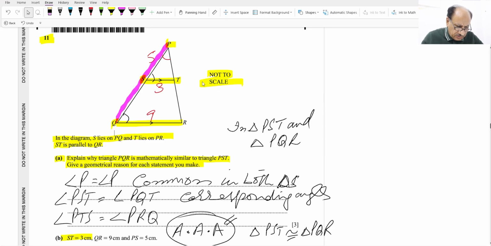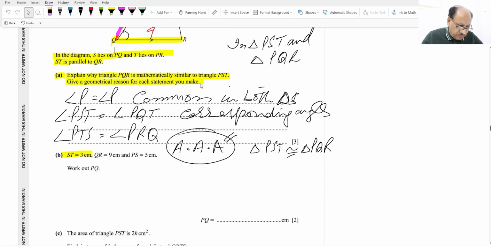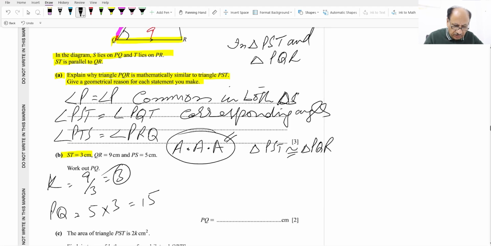So we can use similarity. 9 over 3 will be the scale factor, which is the K value. The length ratio will be 9 by 3, which is equal to 3. So PQ will be equal to 5 multiplied by 3, which is 15. So 15 will be the PQ value. Answer for 2 marks, which is done.